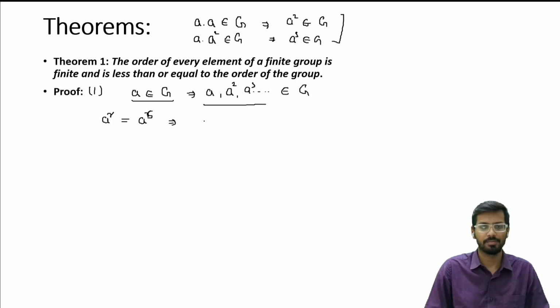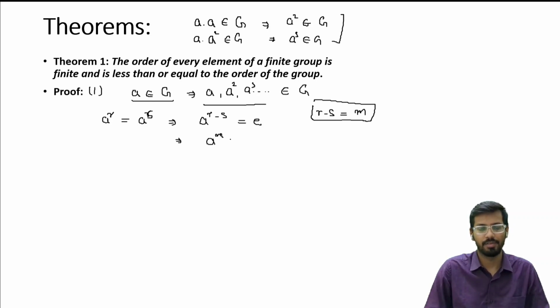OK, a raised to power r and a raised to power s are equal. So that means a raised to power r minus s is equal to identity element. Take r minus s equal to n, then we can say a raised to power n is equal to identity element.